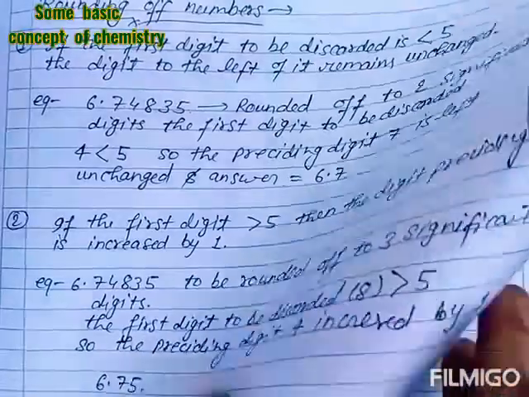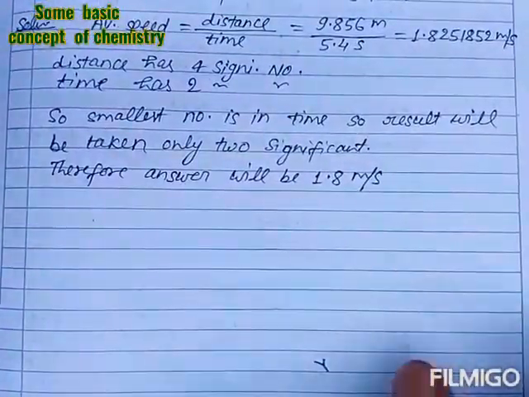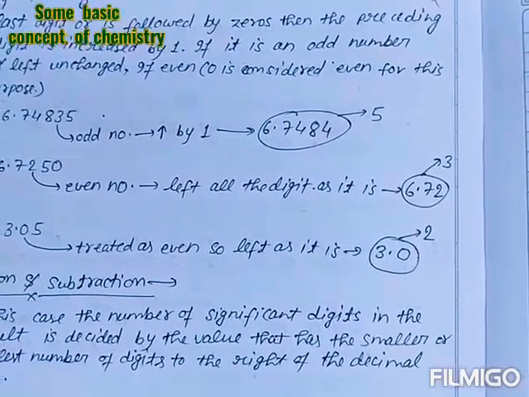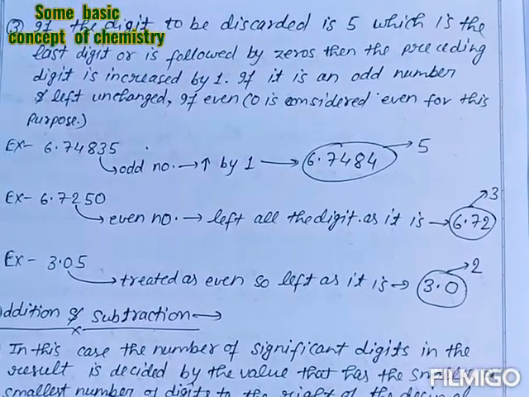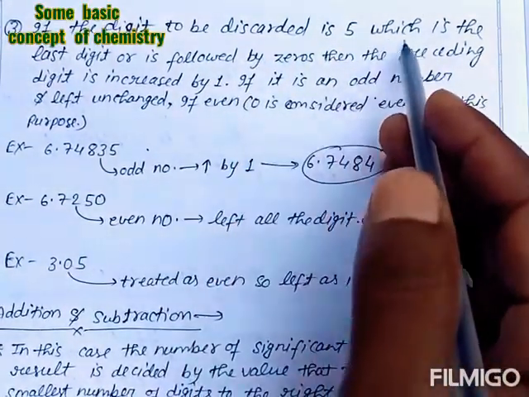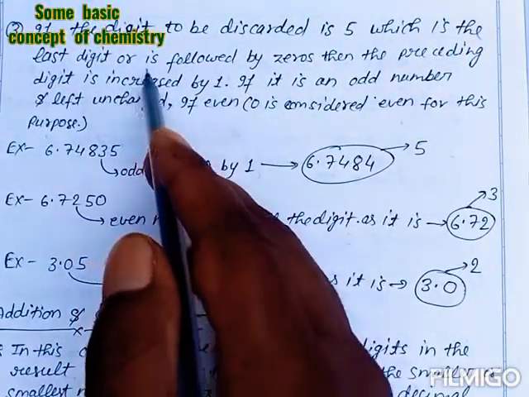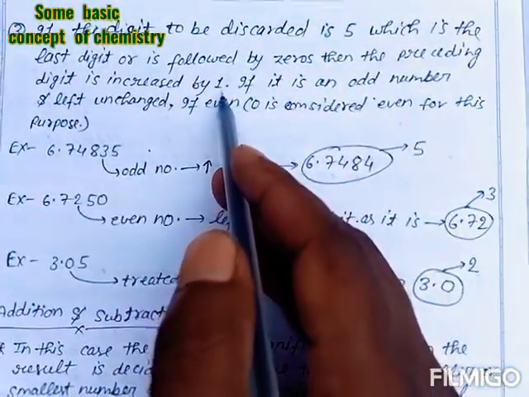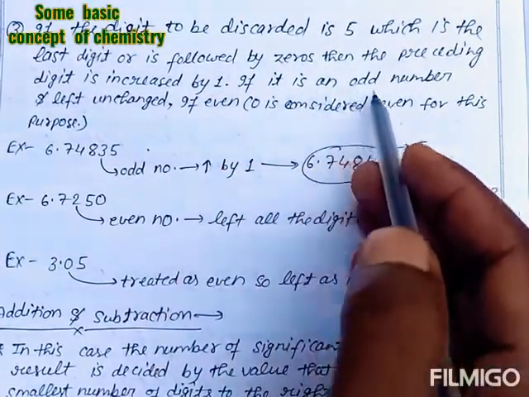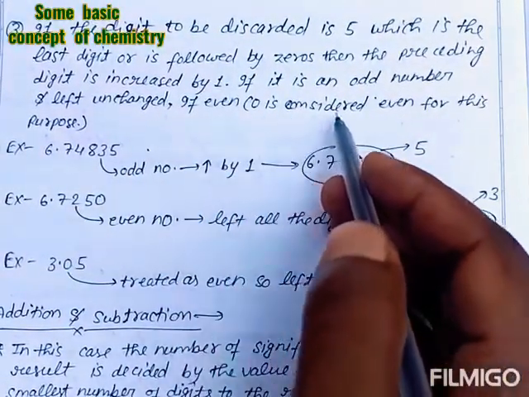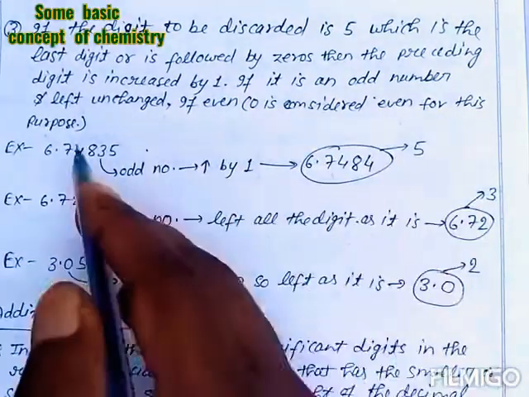Okay. Now the third rule: if the digit to be discarded is 5, which is the last digit or is followed by 0, then the preceding digit is increased by 1 if it is odd and left unchanged if even. Zero is considered even for this purpose.